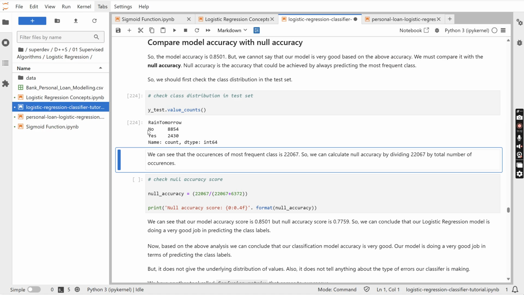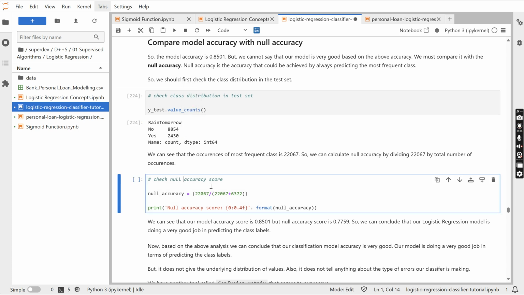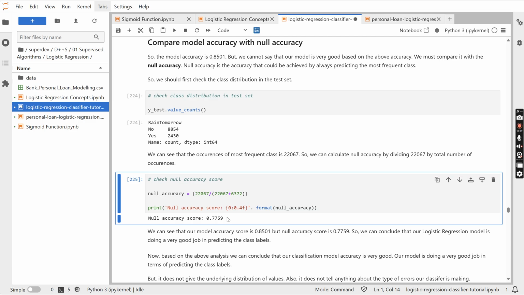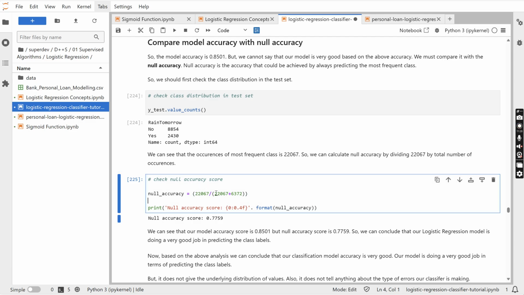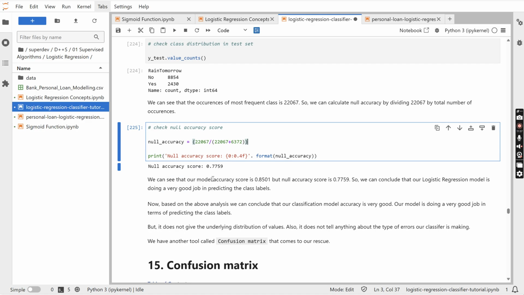So here you have a higher ratio for no, a lower ratio for yes, and because of that you can do the math for null accuracy. It is a very simple formula for accuracy, right? The number of correct predictions divided by the total number of actual rows. If you calculate this, it was roughly 77.5, 77.6.